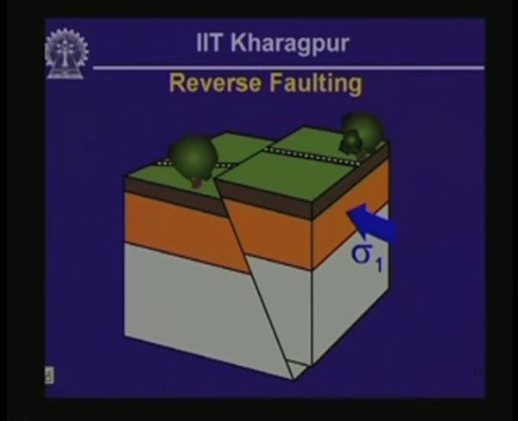Here also you should notice that the layers of rocks are horizontal. So the direction of sigma 1 is horizontal, and sigma 3, the minor principal stress in this case, is going to be vertical.